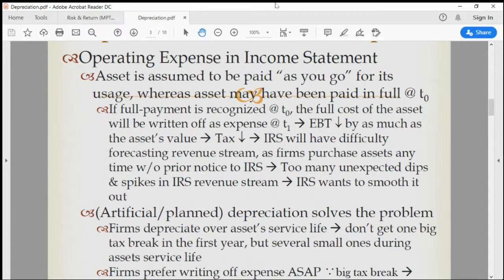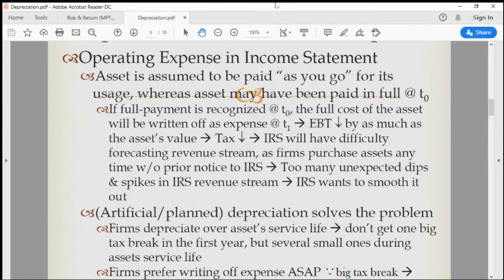So what effect does it have? The effect is that the actual revenue stream will be smoothed out. You understand? Because there are no random, erratic dips and spikes anymore in the actual revenue stream.